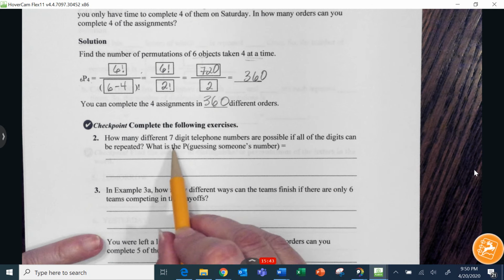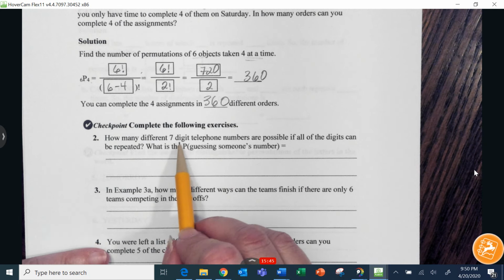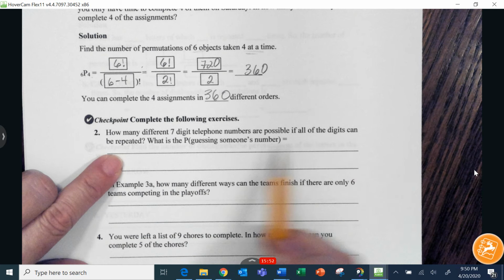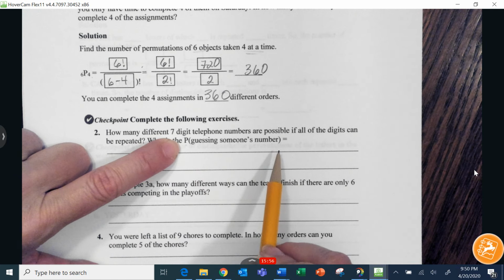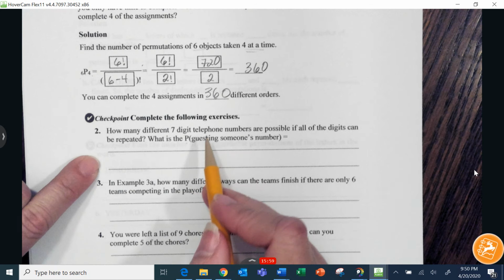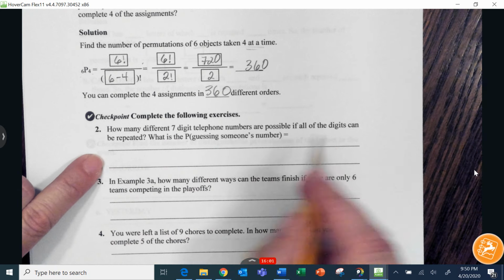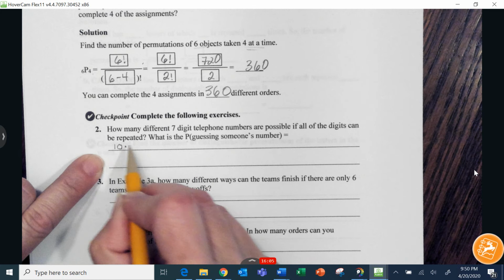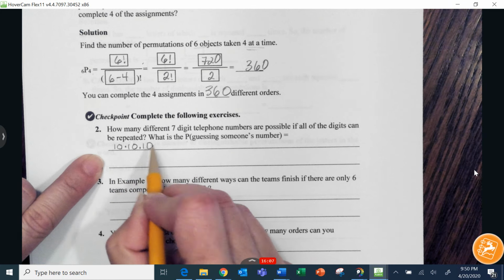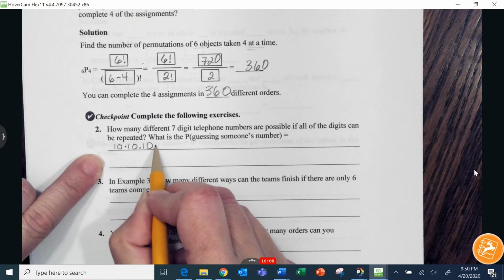How many different 7-digit telephone numbers are possible if all the digits can be repeated? And then what is the probability of guessing somebody's number correctly? If all the digits can be repeated, that means we're going to have first number, second number, third number, fourth, fifth, sixth, seventh.